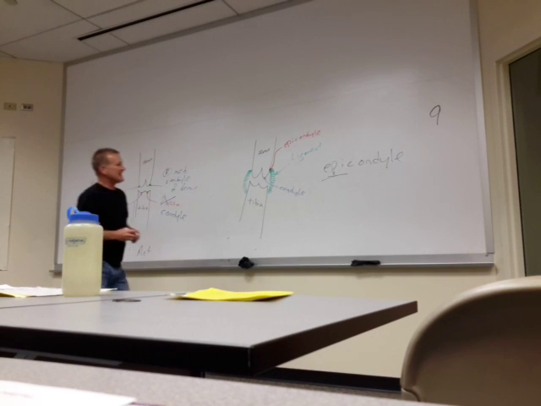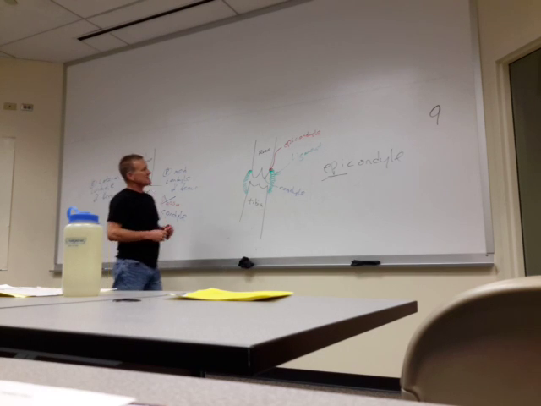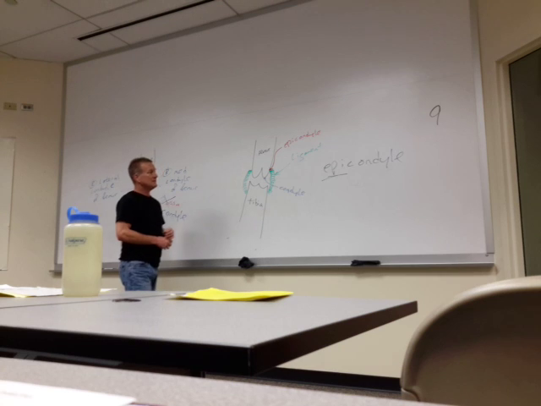Those ligaments are attached to an epicondyle. That's what we're talking about, an epicondyle or epicondyles. So that makes sense. Epi means above. The epicondyle is above the condyle.